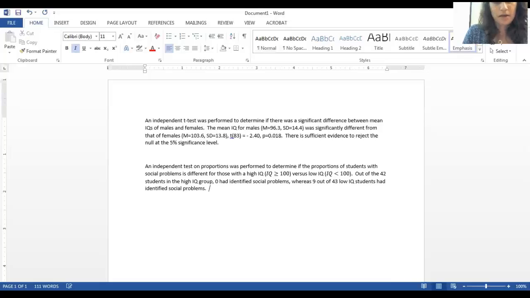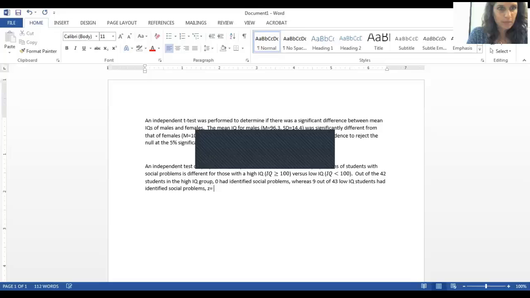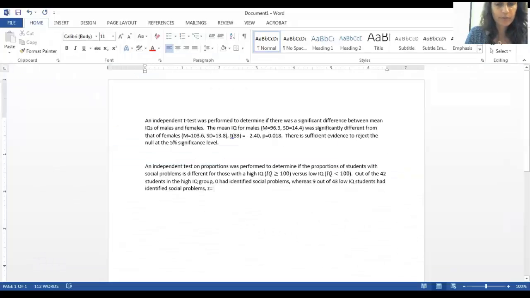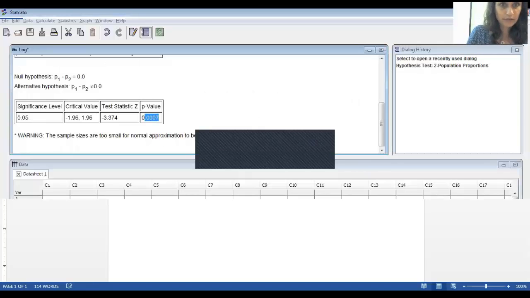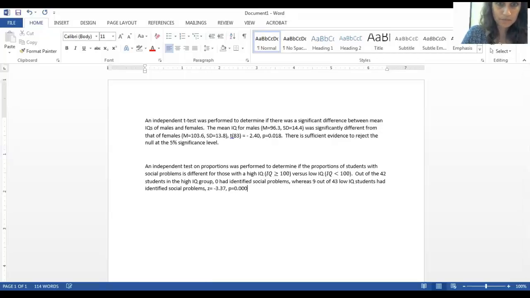And then I'm going to write my z-value. My z-value is my test statistic, negative 3.37. I'm going to write my p-value, and that was 0.0007. And I'm going to say there is sufficient evidence to reject the null at the 5% significance level.